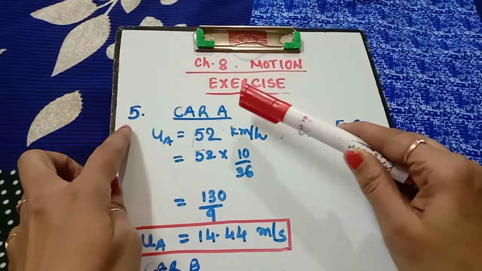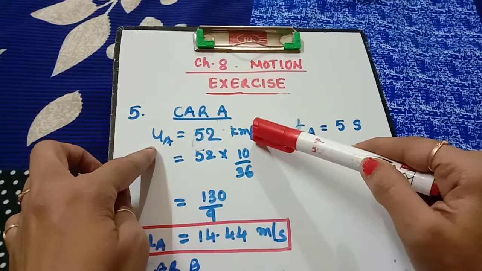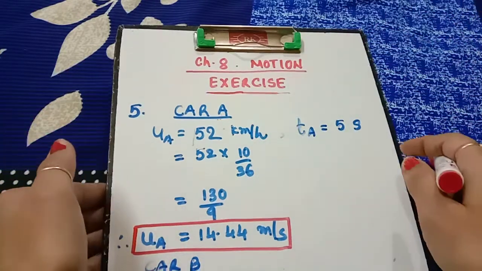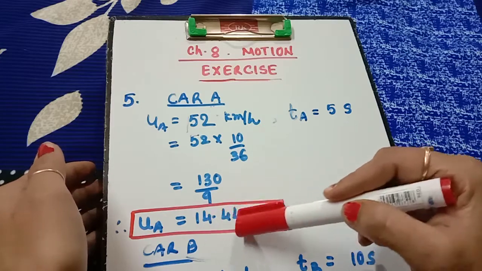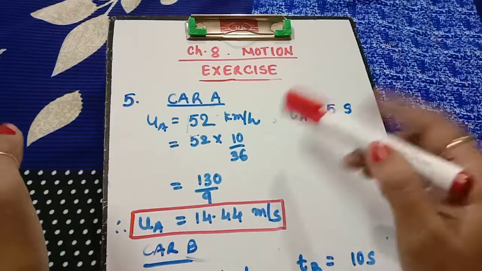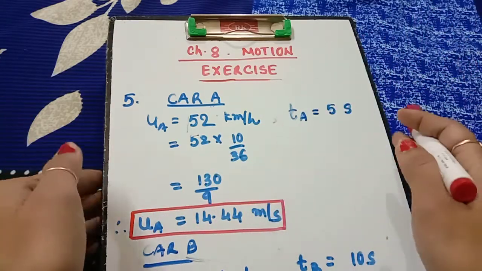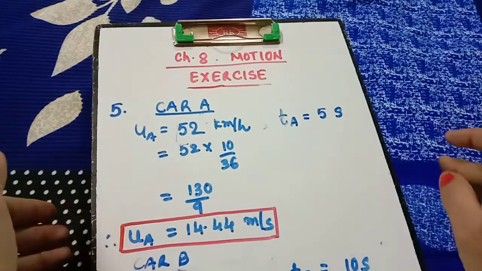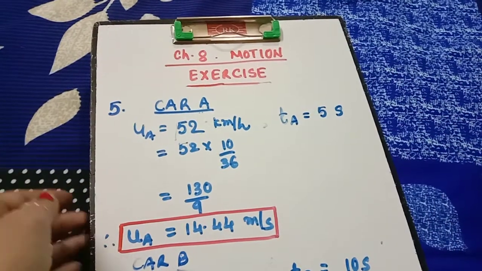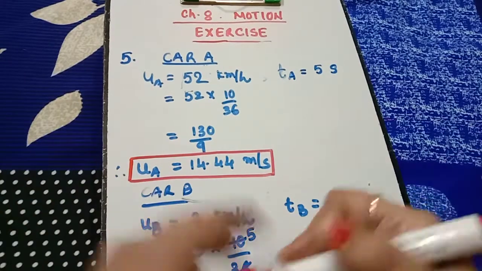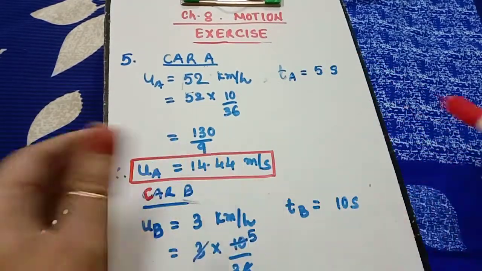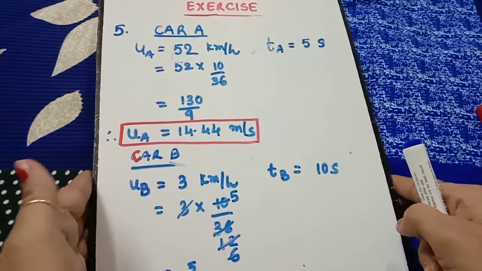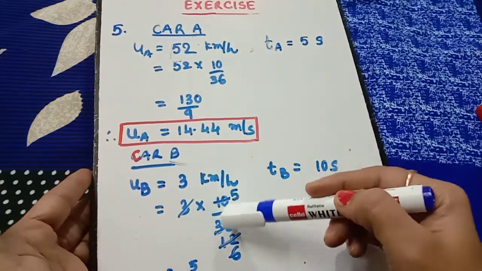First part, car A, UA 52 km per hour. Here you have to convert. I'll be getting 130 by 9, that is 14.44 meter per second. The time is 5 seconds. Now, car B, UB is equal to 3 km per hour, 3 into 10 by 36.